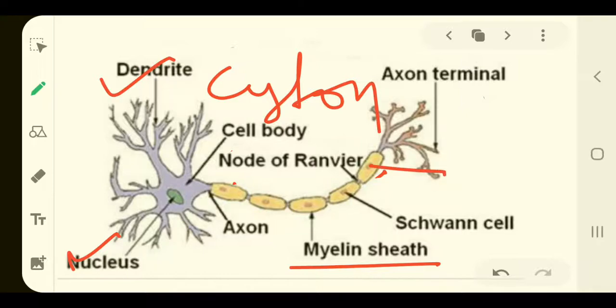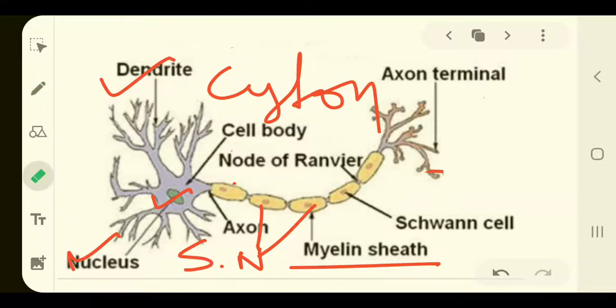You can write Schwann nucleus or simply nucleus, but don't confuse this nucleus with the main nucleus here. That's why I write the word Schwann nucleus for that.